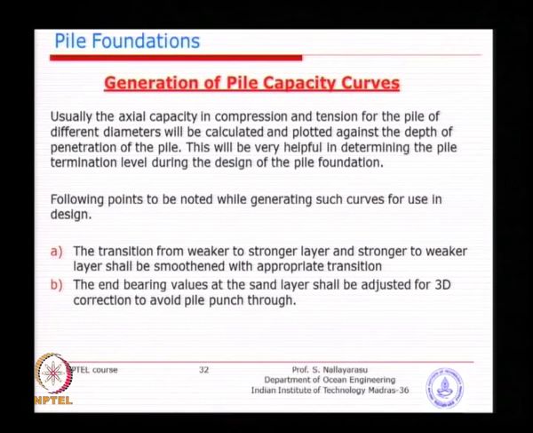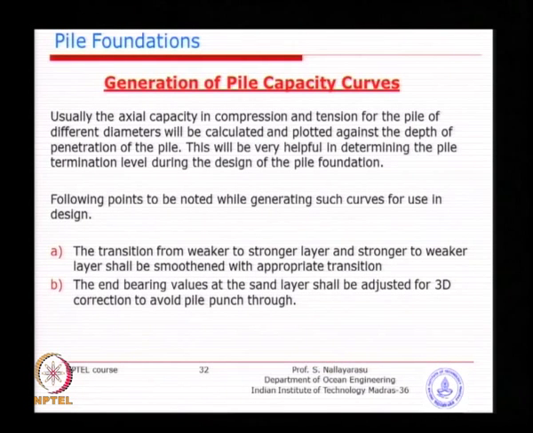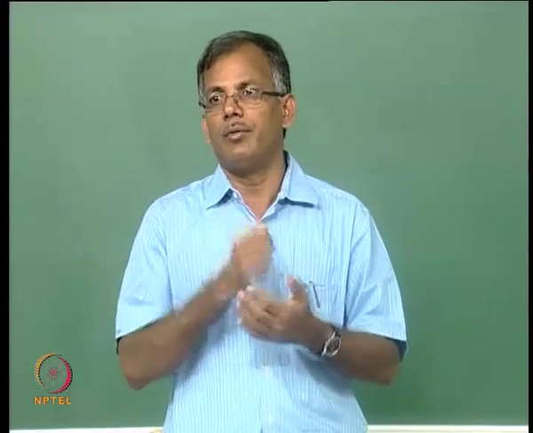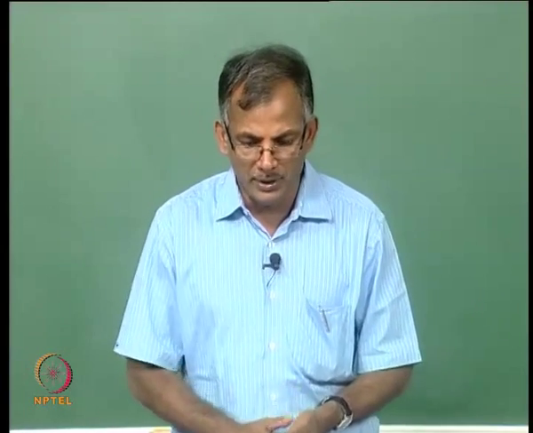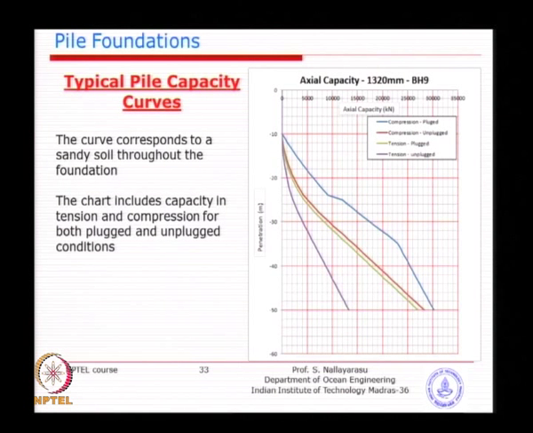Now, normally we do not know the pile penetration in a design work, which we will have to calculate over several iterations. When you are designing a jacket, you do this analysis and find out the pile loads. To determine what penetration is required, you are not going to do the calculation separately every day. So, normally we do something like this: a pile capacity relationship with the depth of penetration.